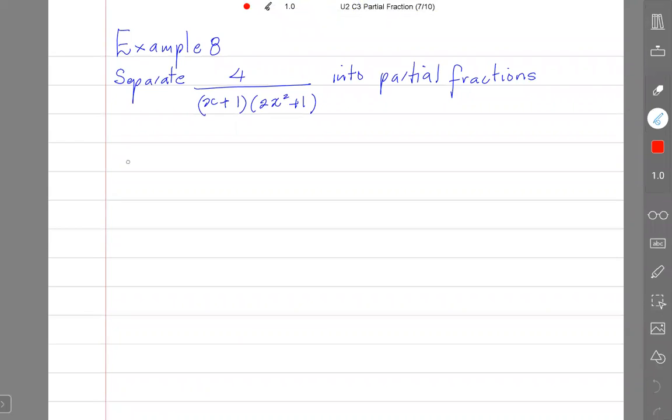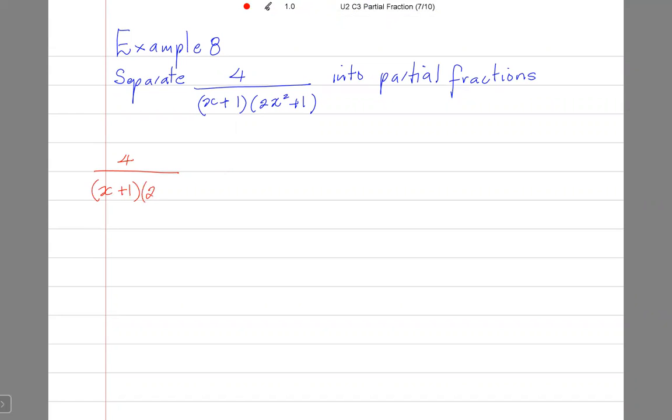So if I'm going to do this, let's write what we're separating. 4 over x plus 1 into 2x squared plus 1. Now 2x squared plus 1 is what you call an unrepeated quadratic factor.